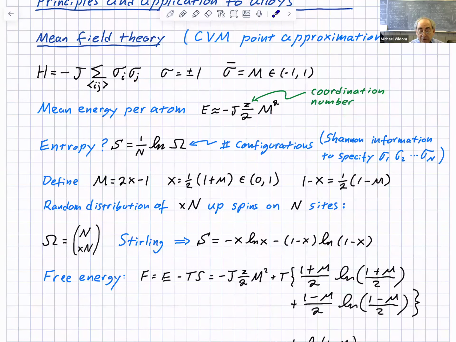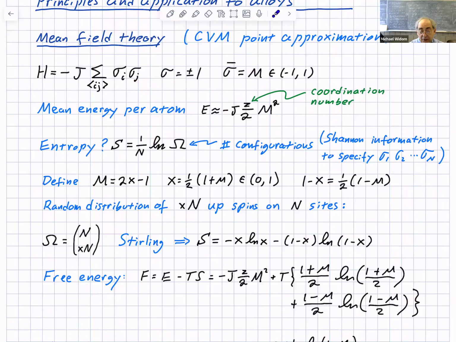And when we look at the entropy per spin, we are left with a minus x log x from the xn factorial, and a 1 minus x log 1 minus x from the 1 minus x n factorial. Okay, so that's the entropy that we can rewrite in terms of this variable x.